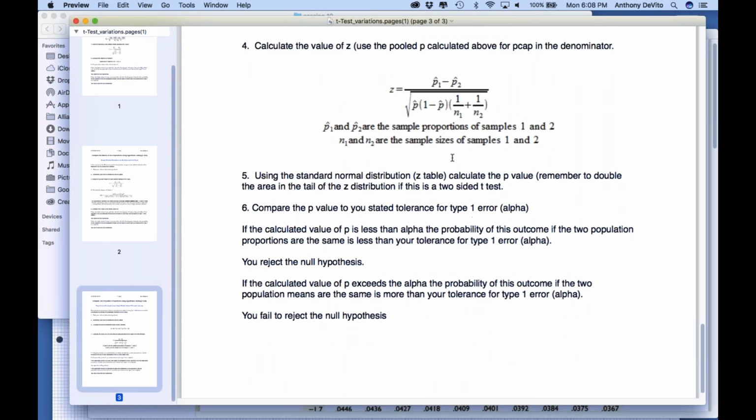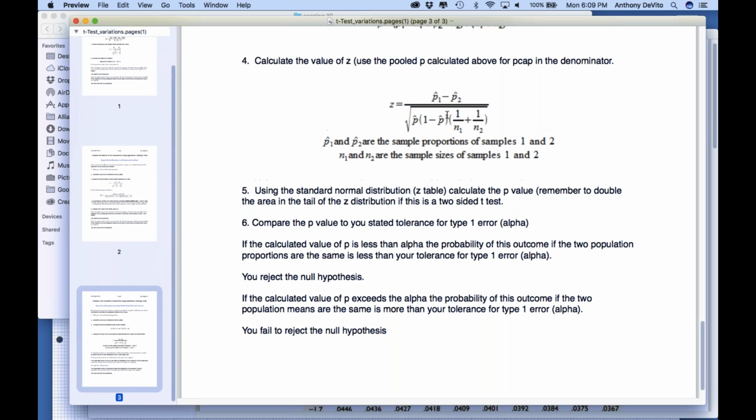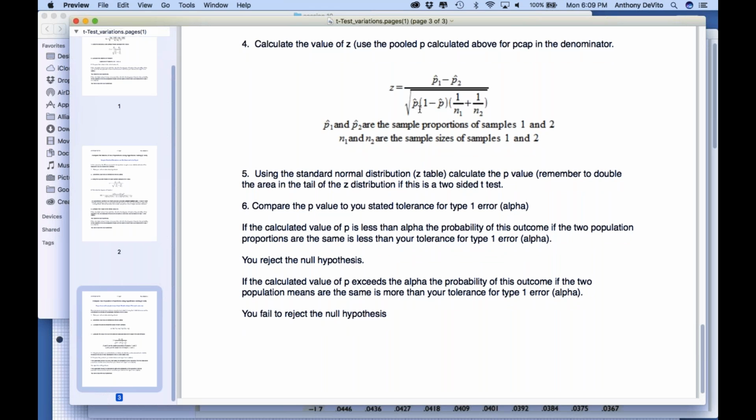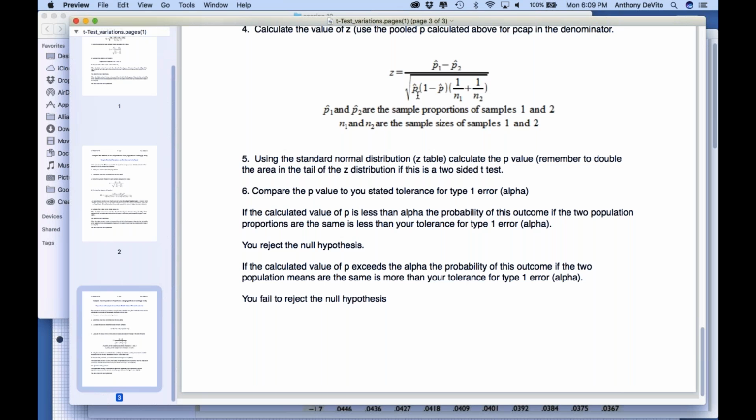But if you have different sample sizes, they won't necessarily cancel out. At any rate, our pooled proportion is going to go in here: P times 1 minus P times 1 over sample size 1 plus 1 over sample size 2. Notice there's no 1 or 2 on the bottom of this.